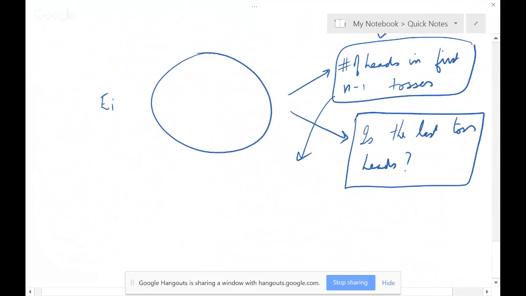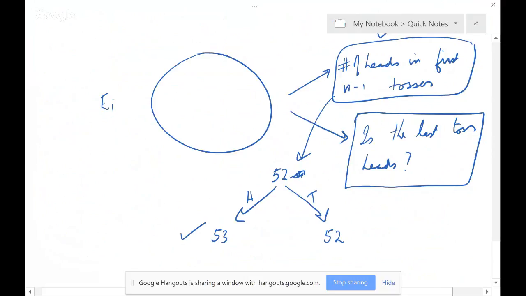Let's say that in this Ei, the number of heads was 52. Then the last coin toss dictates what happens: with probability half it is heads, in which case the total number of heads is going to be 53, and therefore odd, or it is tails with probability half, in which case it will remain 52.